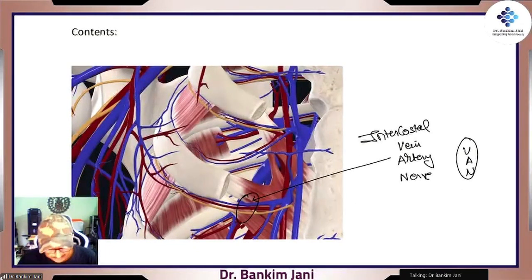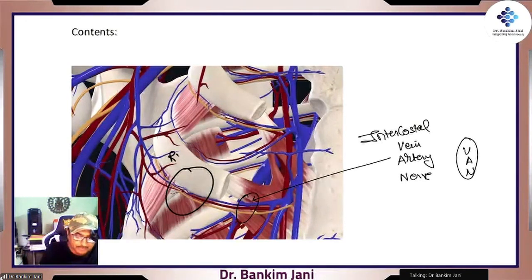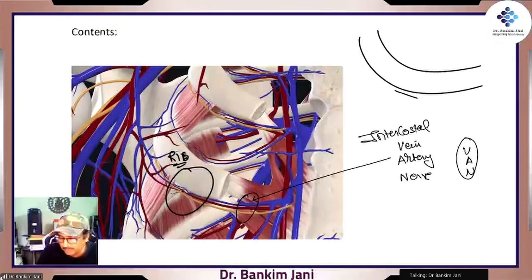In this entire system, what we need to understand is only one thing. This is the rib. Just underneath the rib, there is the intercostal vein, artery, nerve, which we lovingly call VAN. So vein, artery, nerve pass through here.